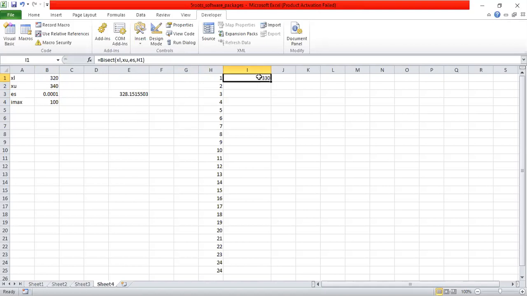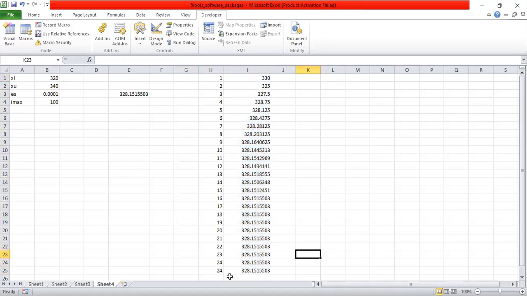Then at the second, third, fourth, up to 25, where I stopped.